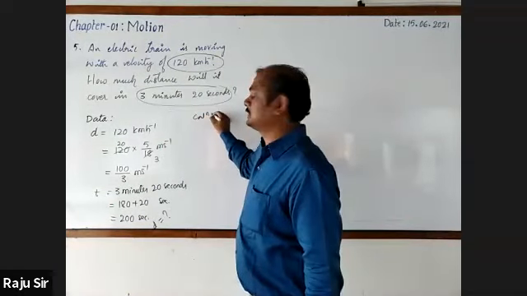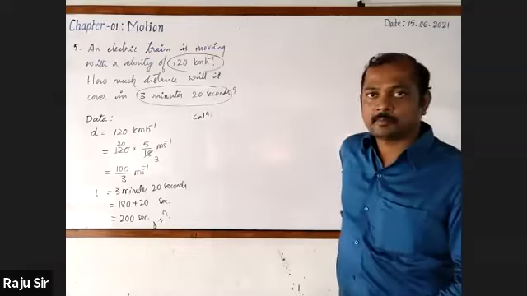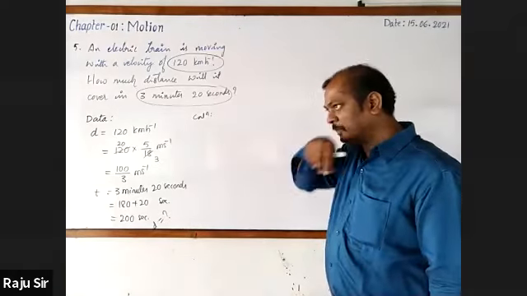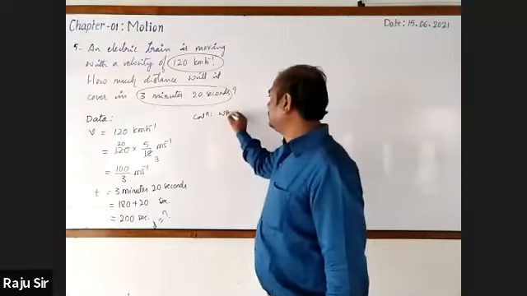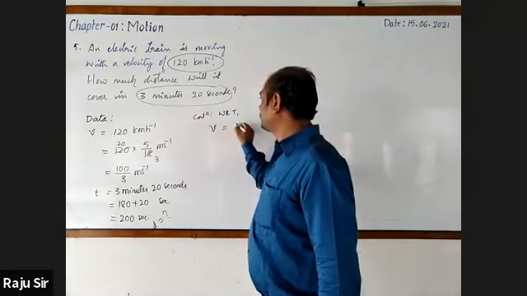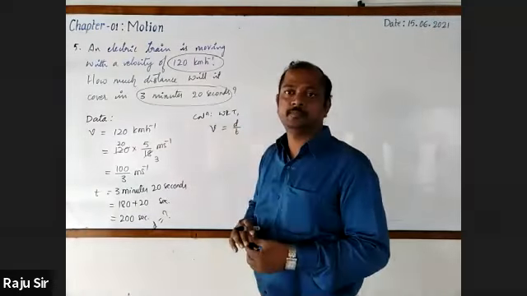Let's move on to calculation. Sir, for 120 kilometer per hour, you have put V, sir. It's velocity, no, sir. Now let's go for calculation. We all know that speed is equal to distance by time.